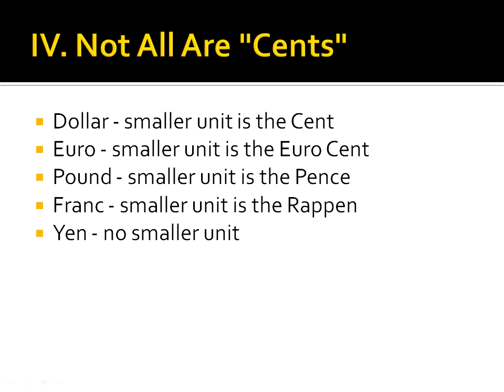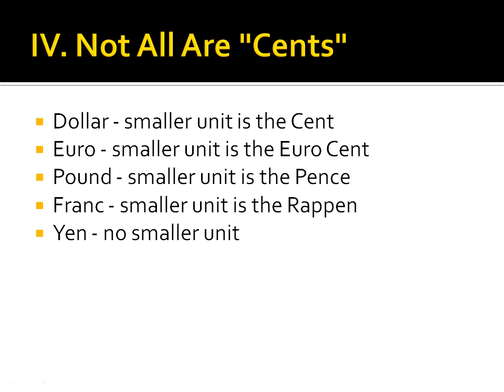Now remember what we talked about, saying that there's dollars and cents for a lot of the currencies, but not all currencies have dollars and or cents. For the dollar, the Australian dollar, US dollar, Canadian dollar, and so on, the smaller unit is the cent. Many traders are familiar with this.